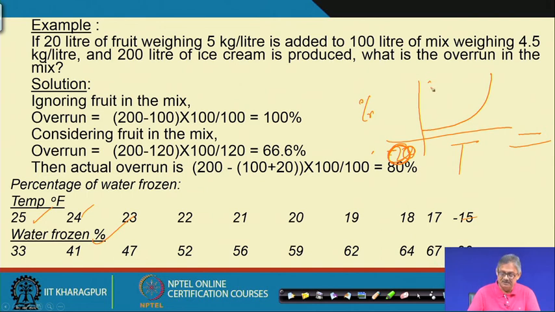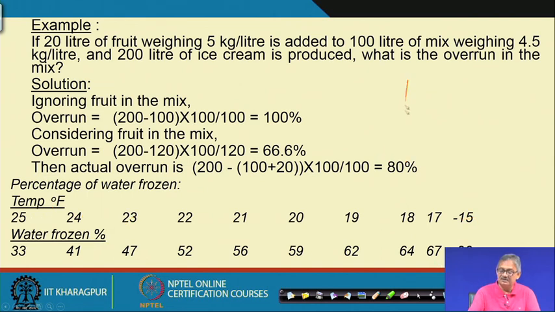So, we have Fahrenheit here and percent here, and we have minus 20 here and plus, say, 0 or 20 or 30 Fahrenheit here, right.